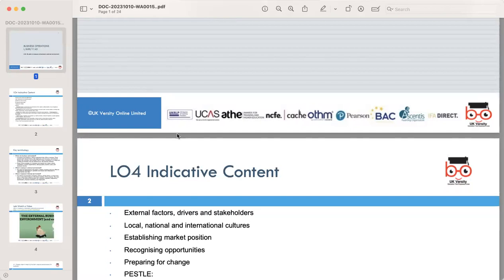Also, we discussed SWOT and TOWS analysis. SWOT is strengths, weaknesses, opportunities, and threats. And TOWS analysis assists businesses in evaluating their internal environment.